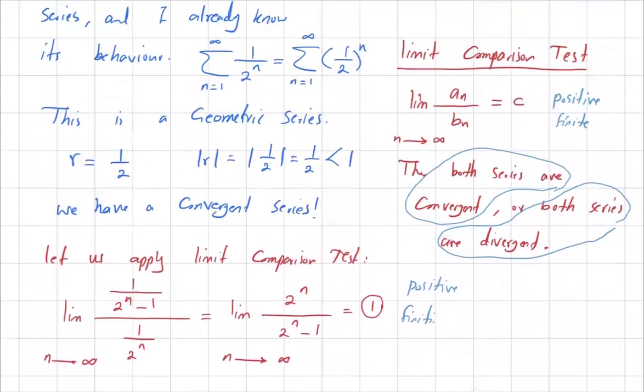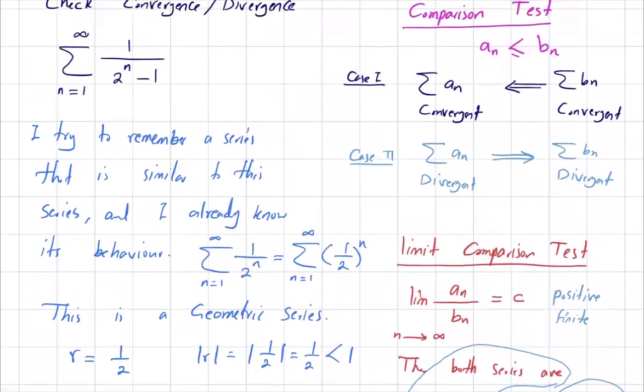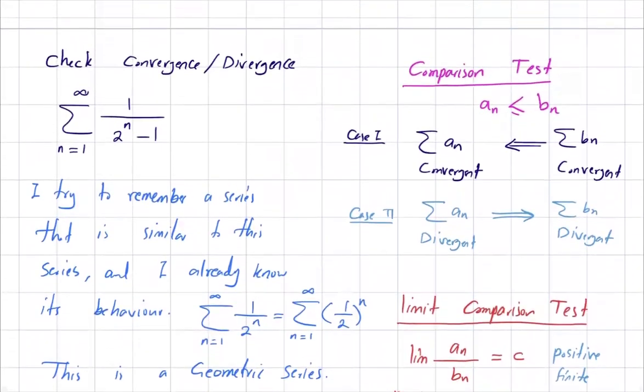So let us recap a quick summary. We are checking the convergence and divergence of this series. You can use the comparison test, which says if an is less than or equal to bn, if the larger series is convergent, you can conclude that the smaller series is convergent. And the second case, if the smaller series is divergent, you can conclude that the larger series is divergent as well.